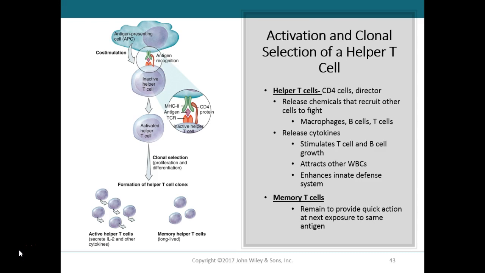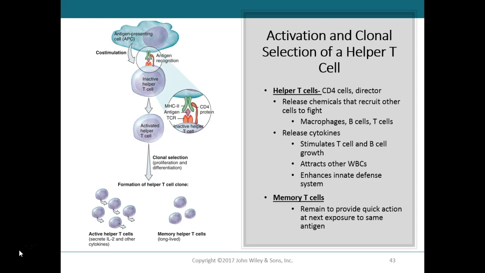At any given time, most of our T cells are inactive. Antigen receptors on the surface of the T cell, simply called T cell receptors, recognize and bind to specific foreign antigen fragments. Remember, the antigens are going to get broken down by those antigen presenting cells, and then that antigen and MHC complex is going to be put out on the cell surface so that the T cells can recognize it.